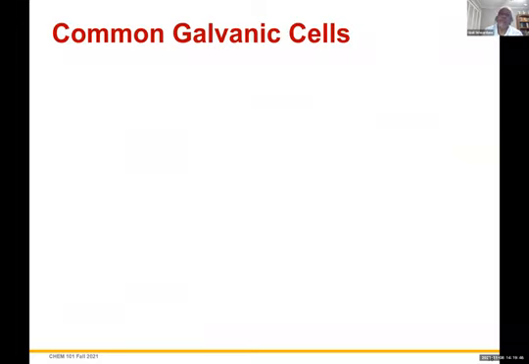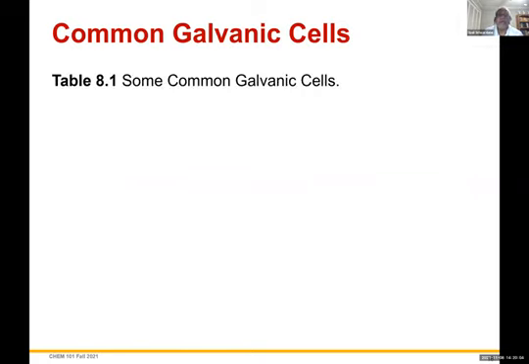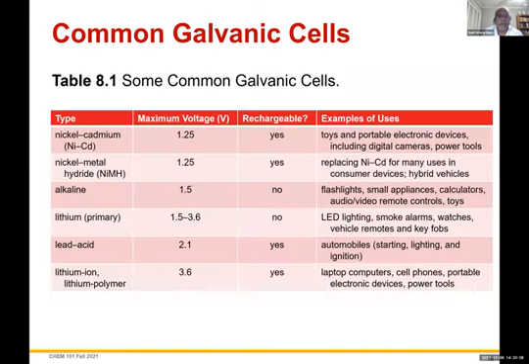Let's look into different galvanic cells. The galvanic cell we talked about was copper and zinc electrodes dipped in copper sulfate and zinc nitrate or copper nitrate solutions. Some common galvanic cells, let's look at the list. Nickel cadmium battery.